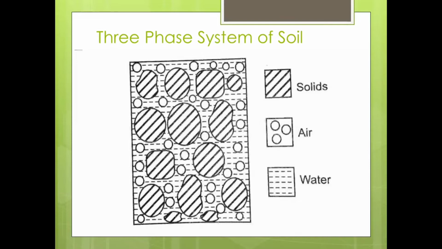So if you consider this particular block, it is having certain volume and certain weight. If you are considering this soil mass, the volume of soil mass can be distributed among these three ingredients: volume of solid plus volume of air plus volume of water in general.